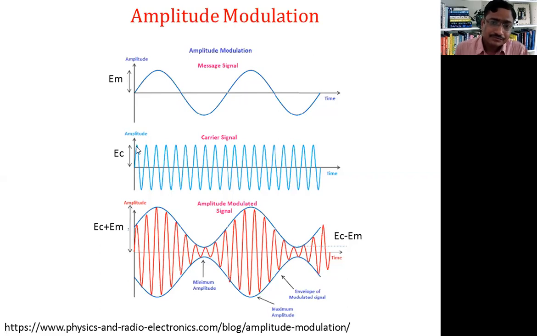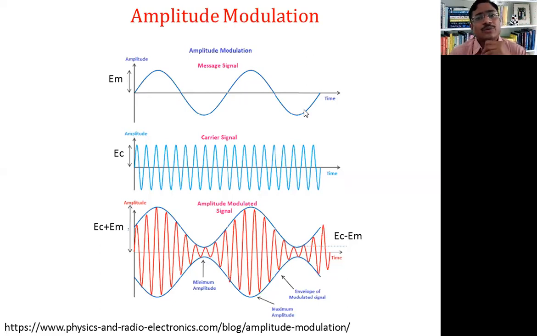See here. This is a carrier signal having constant amplitude. Now, this is a time varying message signal which has changing amplitude. When modulation occurs, the amplitude of the modulated signal varies according to the amplitude of the information signal by keeping its frequency and phase constant.